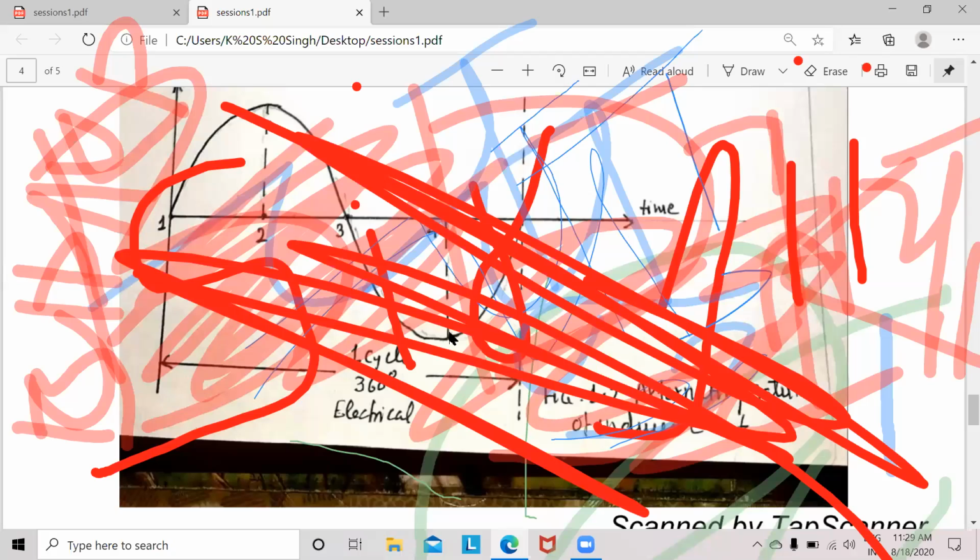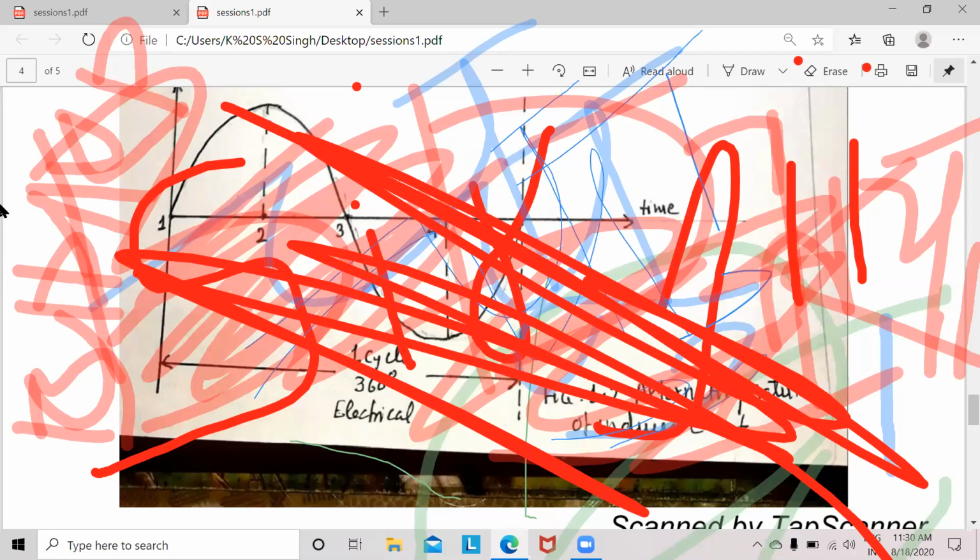At point 4 the voltage induced is maximum. Again, when the conductor moves from 4 to 1, the induced voltage starts to decrease and becomes 0.